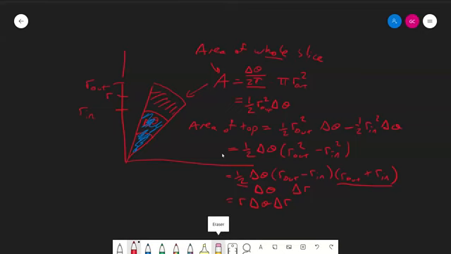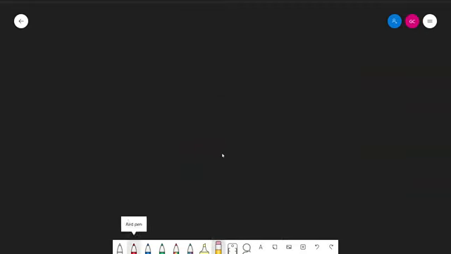So then, what happens when you go to integrate something using polar coordinates? That means that to integrate something, we want the integral of f of x, y, dA over some region, and we want to integrate in polar coordinates.